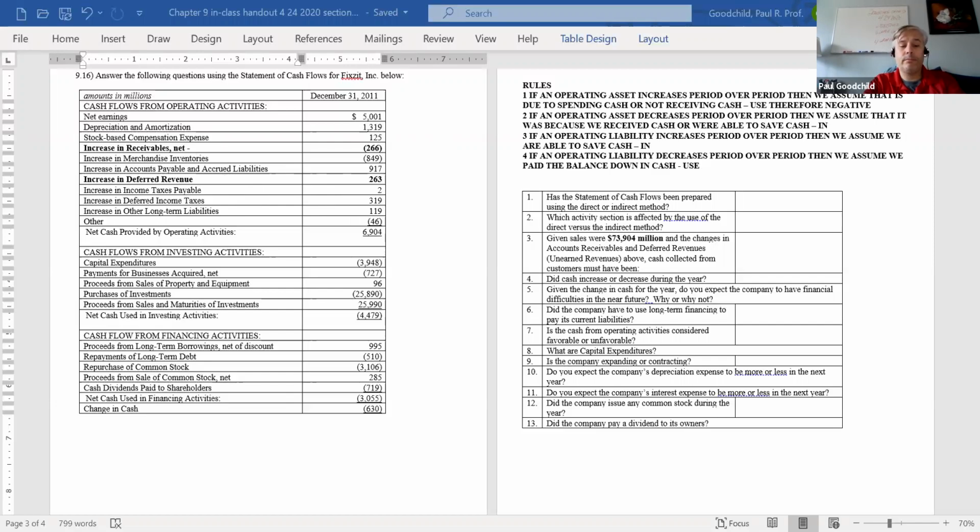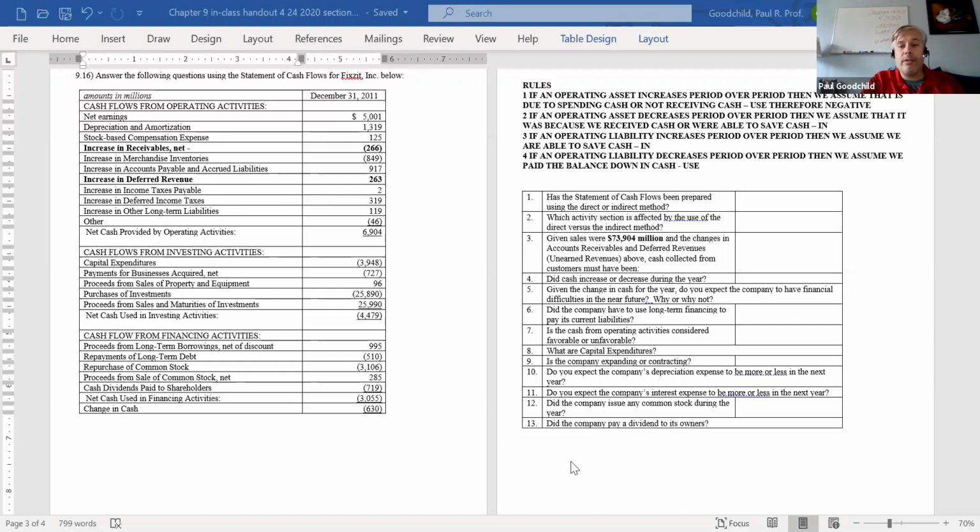Good. Okay, most of you had it correct. It is a current liability.